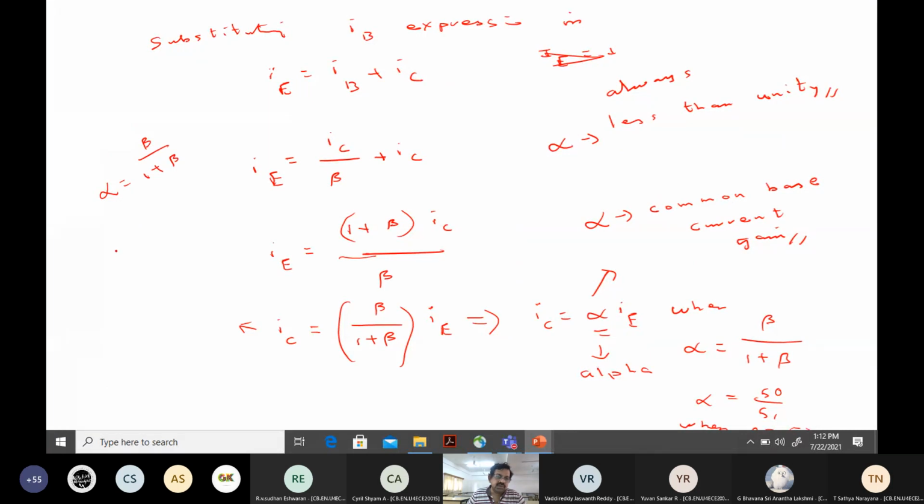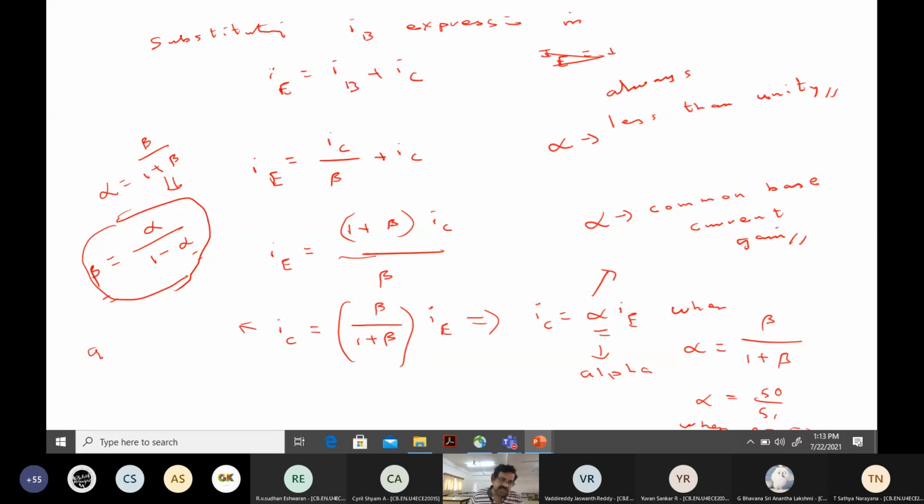So you can see beta will be equivalent to alpha by 1 minus alpha. So very small variation in alpha is enough to vary the beta. Beta, the common emitter current gain, is a very important parameter. So you can actually simplify this. From alpha, you can get this. Knowing alpha, you will see the beta. Alpha is very sensitive.